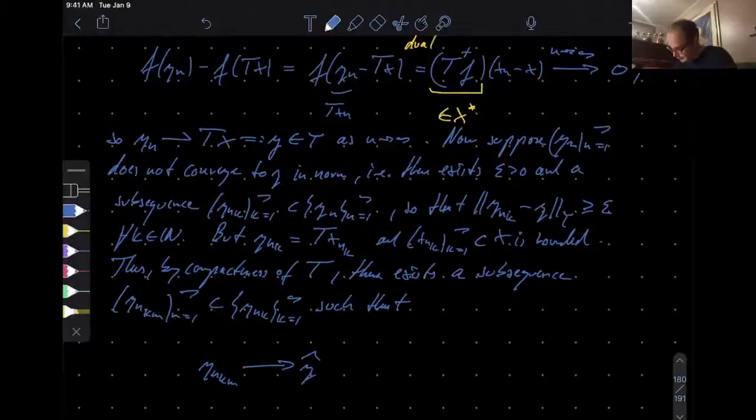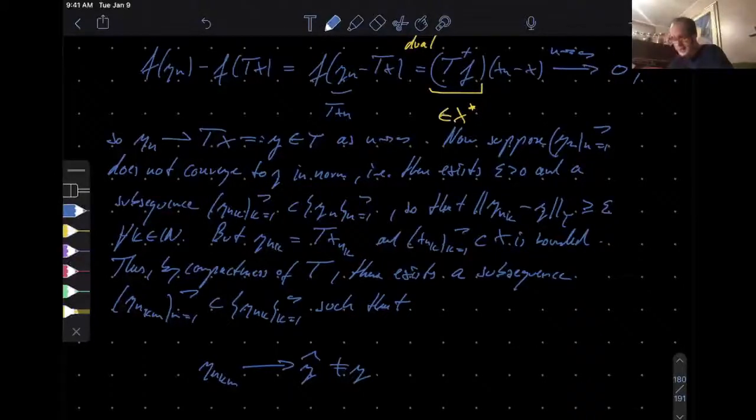But this y hat of course has to be different from the y above, because I assumed that my sequence y_n does not converge in norm to y, so in particular none of its subsequences will converge to y, right? So whatever this limit with the hat is, it's going to be different from y by assumption. Okay, good.